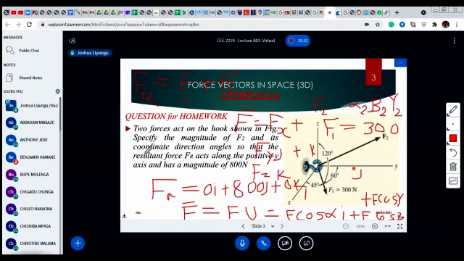We remember very well that the magnitude is the square root of those three components: F2x squared plus the F component in y squared plus the F component in z squared.